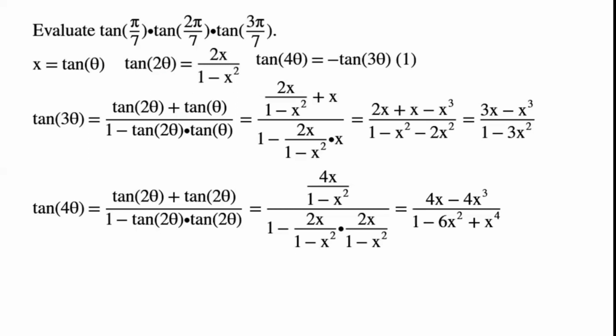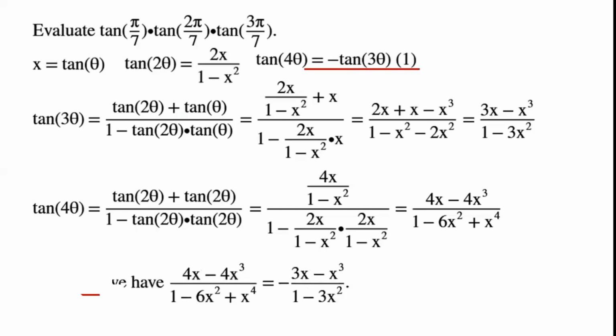After simplifying, we can now write equals 4x minus 4x cubed over 1 minus 6x squared plus x to the power of 4.